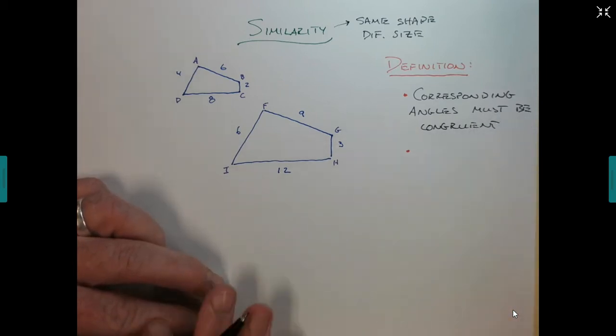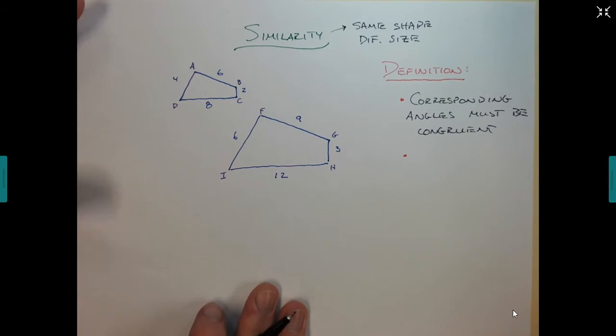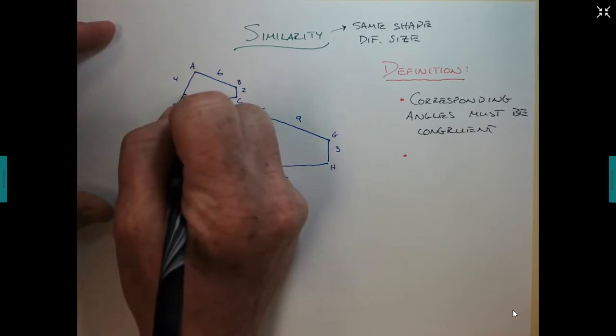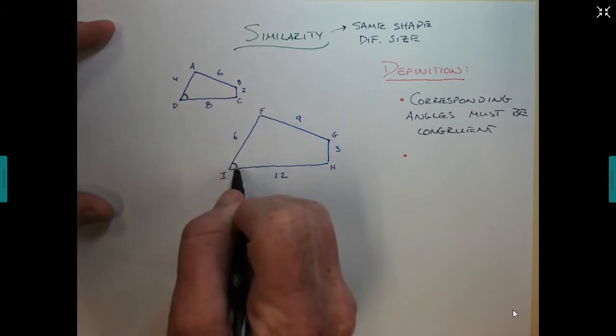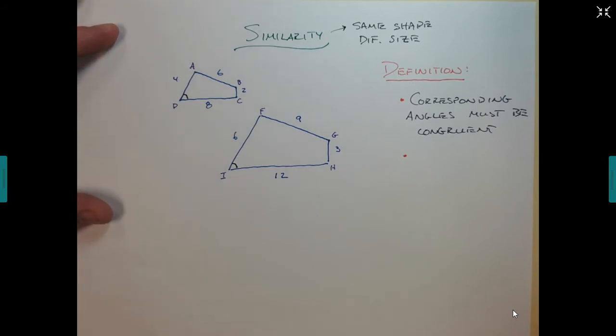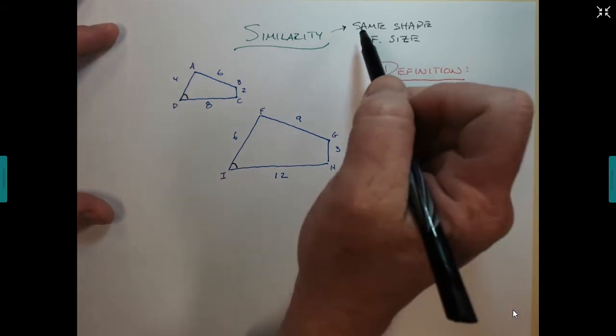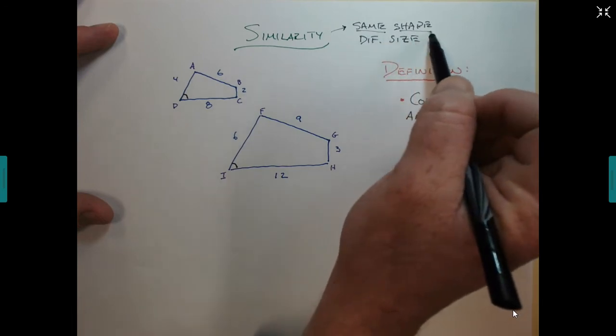Now that doesn't mean all of the angles in these shapes have to be the same, but this bottom left angle better be the same measure as that bottom left angle. Otherwise, we're going to be unable to keep the same shape.